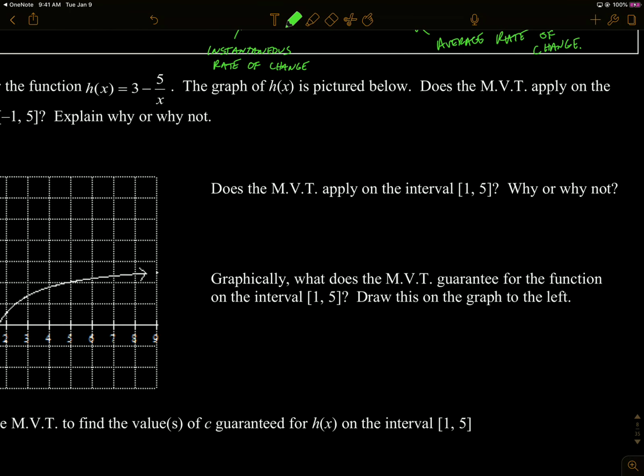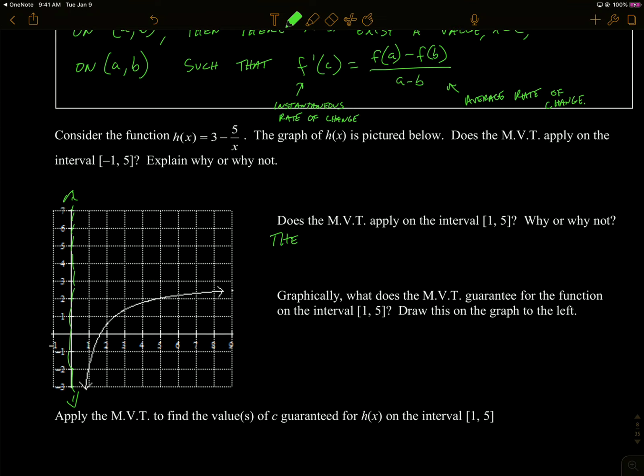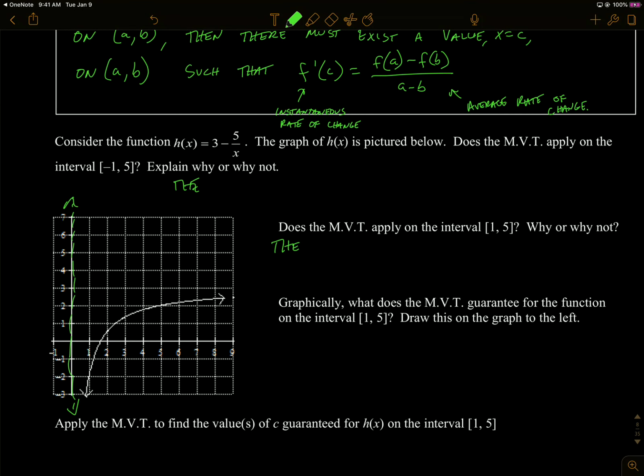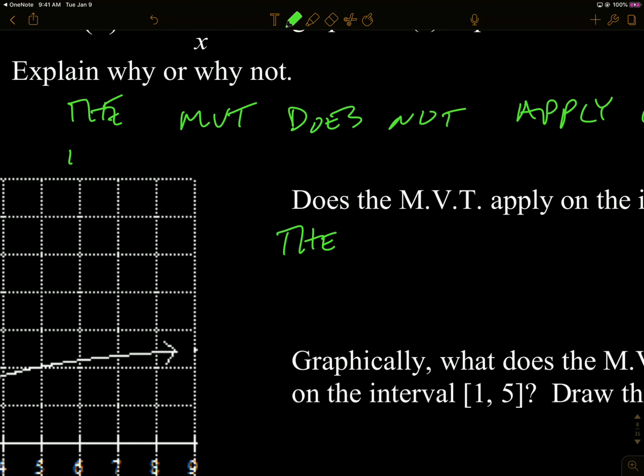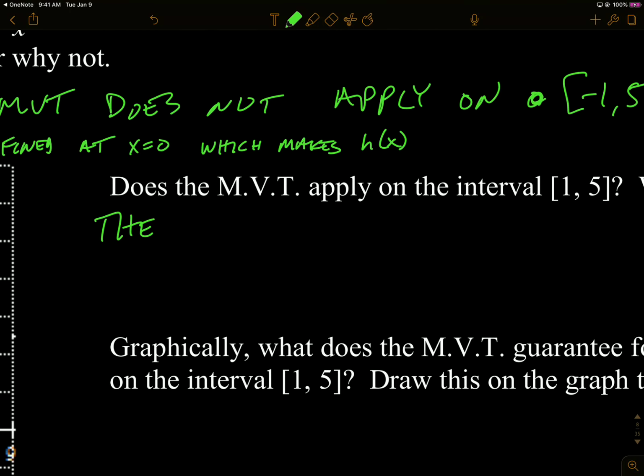So we're going to say that the mean value theorem does not apply on the interval -1 to 5 because h of x is undefined at x equals 0, which makes h of x not continuous on the interval.